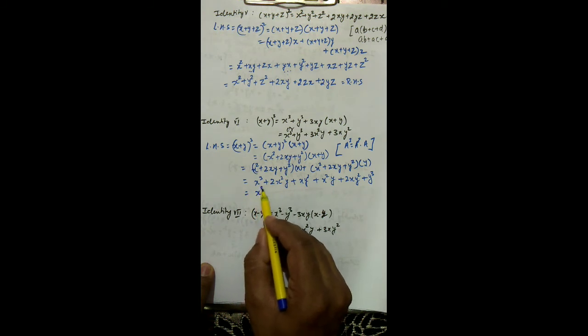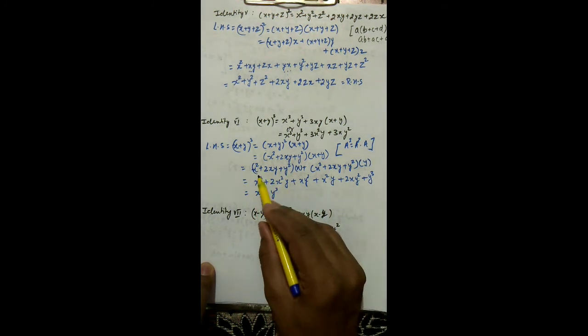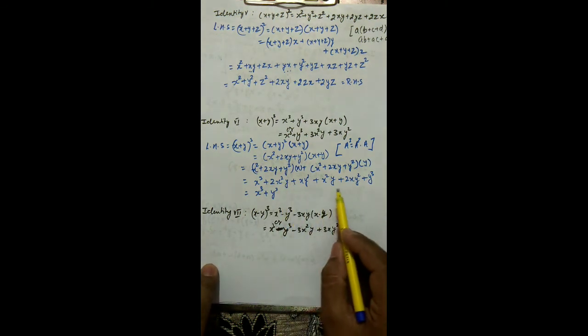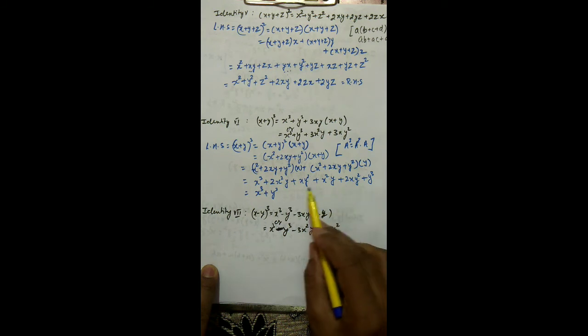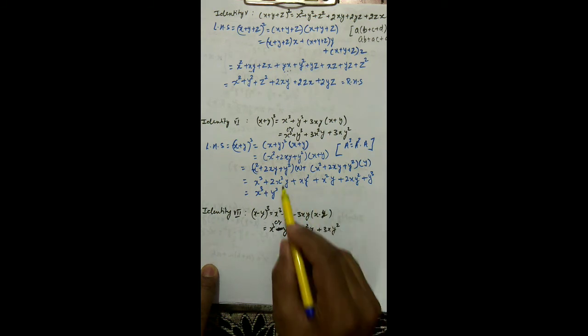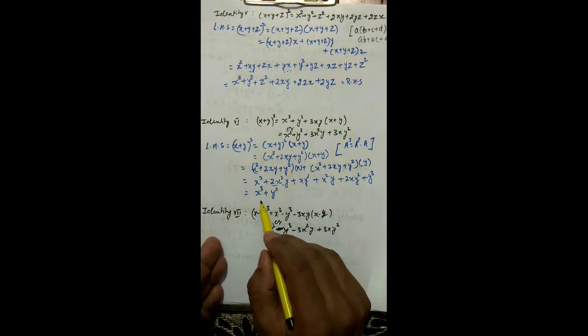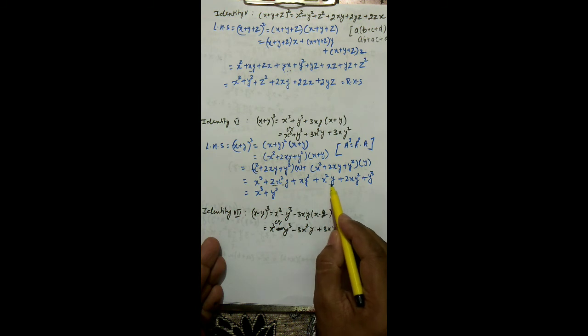So it's x cube, this is y cube, this is y cube, this is x cube. Now you see this is 2x square y, and this one is x square y. I'm taking the black color so that you can see here. So these are the like terms.